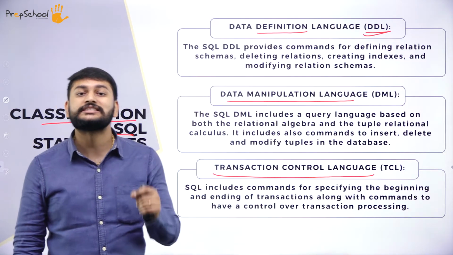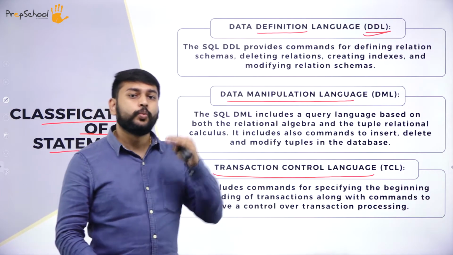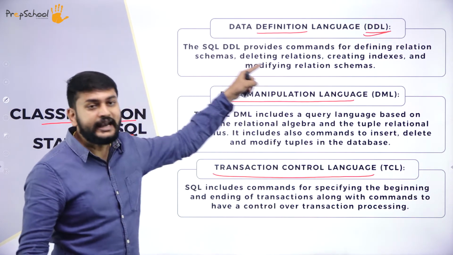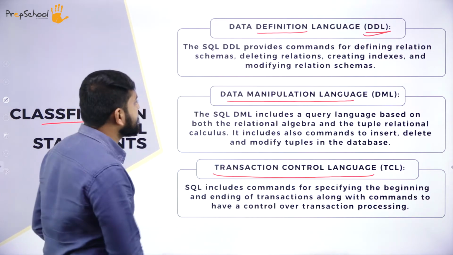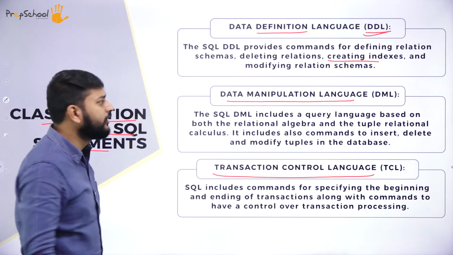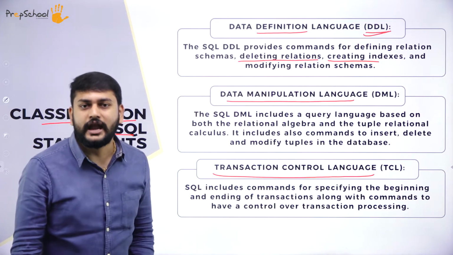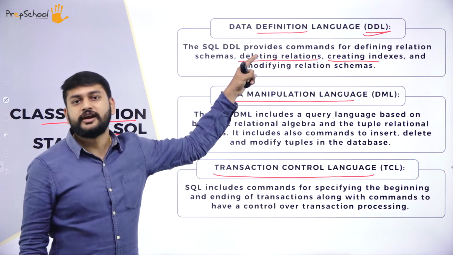Let us understand which queries will come under the data definition language. Please understand, I have creating the index, creating the table, and also deleting the relationship. All these things will come under the classification of data definition language.